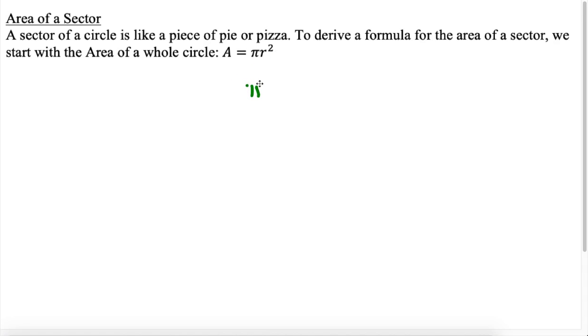So I'm going to take pi r squared and multiply this by the angle in question over the entire circle. Okay? We know that there are 2 pi radians in an entire circle. So all we can do then is cancel out the pi's, and I'm going to bring this 2 that's in the denominator out front as a 1/2.